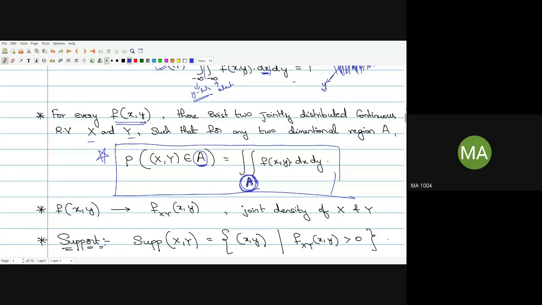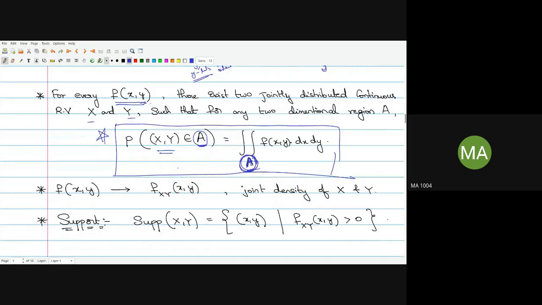Right. And that will define an area on the xy plane. Yes. And we want to find the volume corresponding to it. Yes. So the double integral will give you the volume, and whatever volume you get will be the probability that both x and y will lie in that particular region.